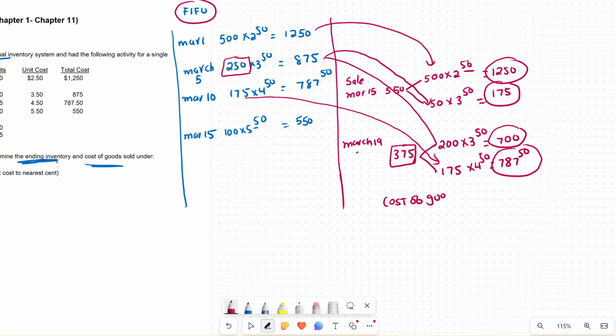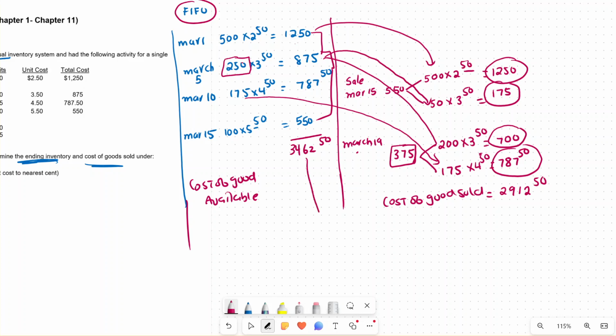Now if I add my 1250, 175, 700 and 787.50, it will give me cost of goods sold, which is 2,912.50. If I add up all the numbers, it gives me cost of goods available for sale, and that is 3,462.50.